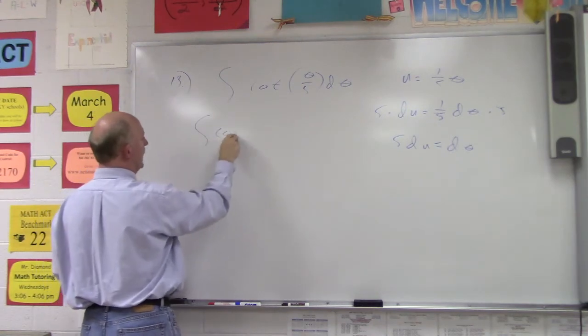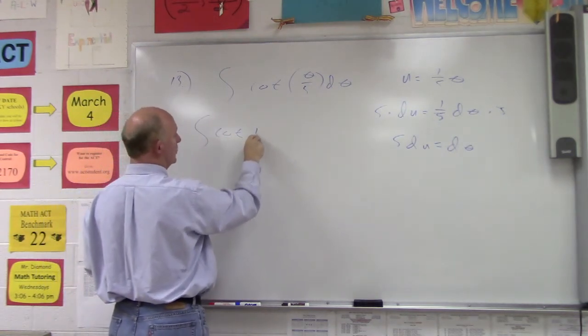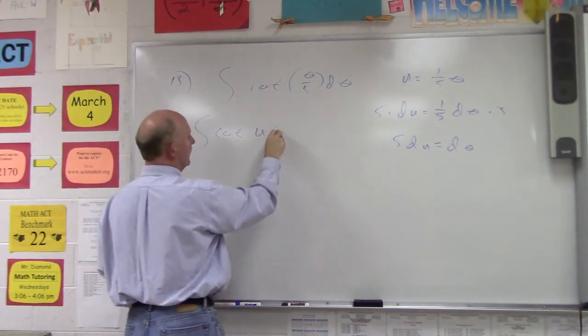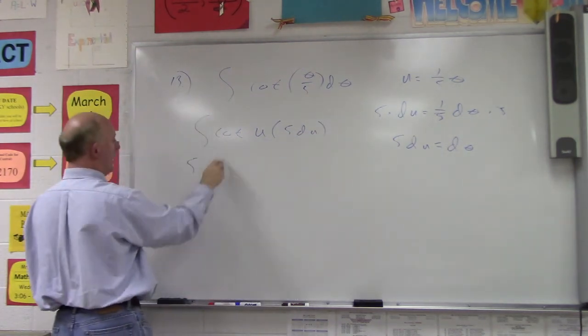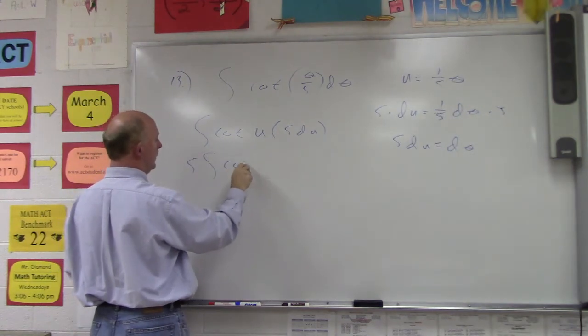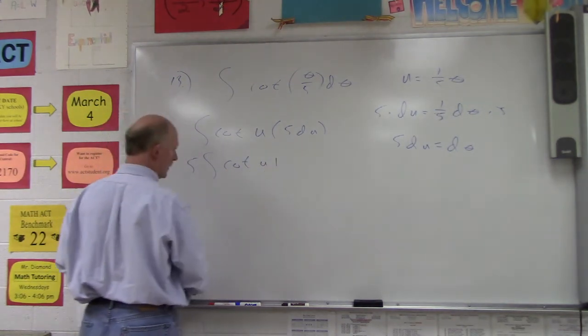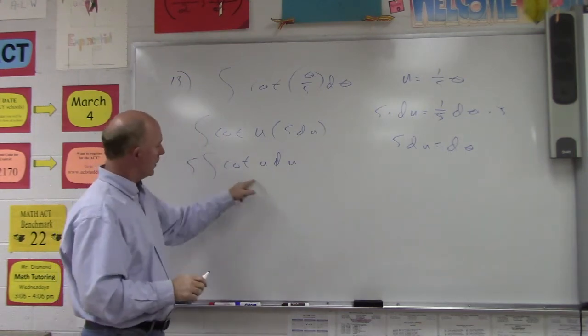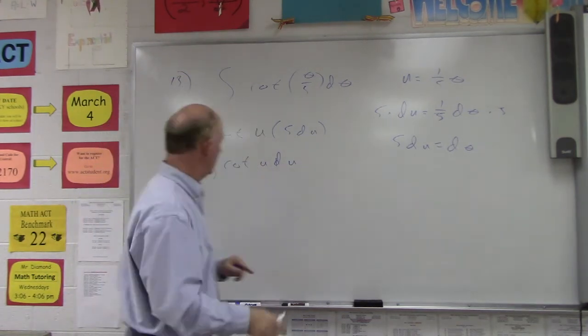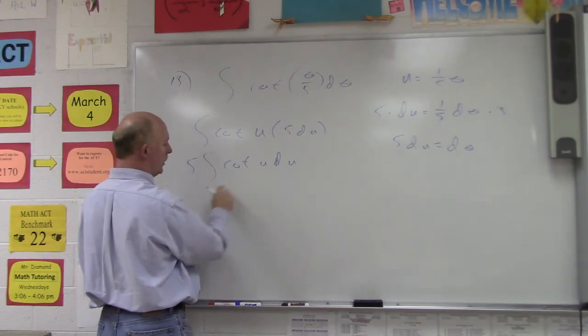So let's remove that theta over 5 now. This becomes cotangent u times 5 du. Let's pull the 5 out front. So 5 times the integral of cotangent u du. Now I'm going to rewrite cotangent u as a fraction.